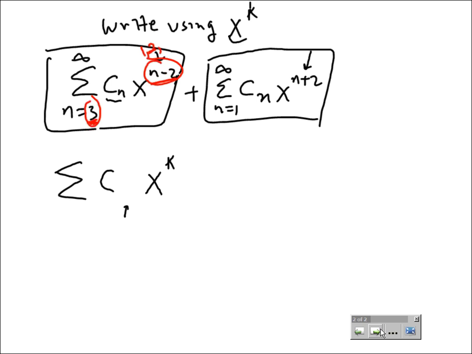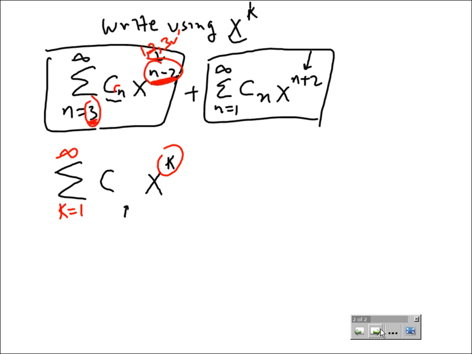And then n will be 5, and 5 minus 2 will be 3. The power of x is just going 1, 2, 3. Well, if I let k start with 1, and it goes all the way up to infinity, then first that power will be 1, and then 2, and then 3, just like we want.